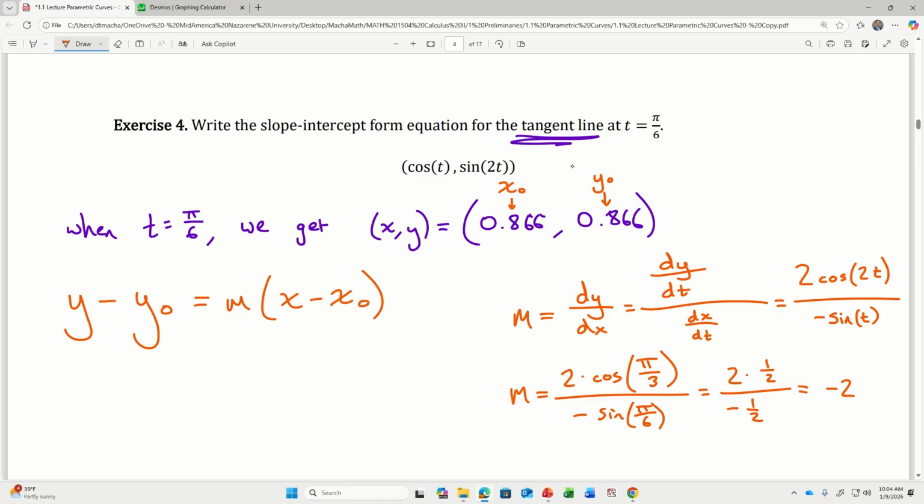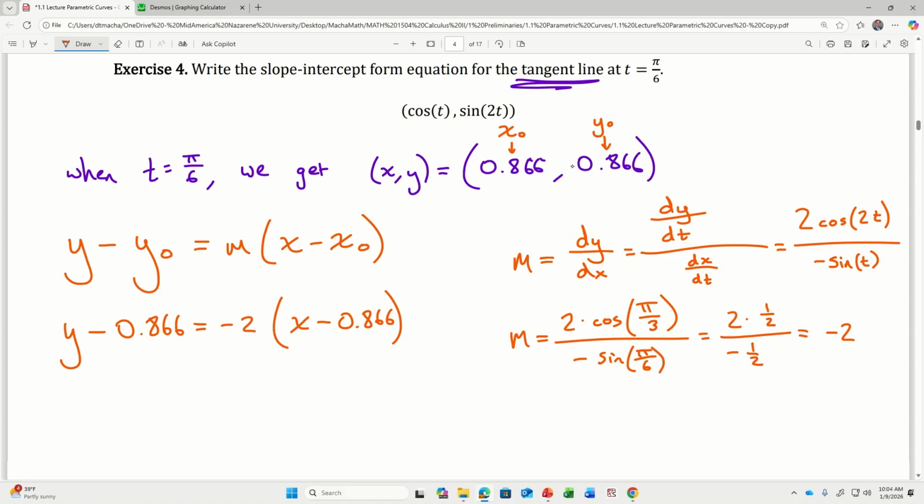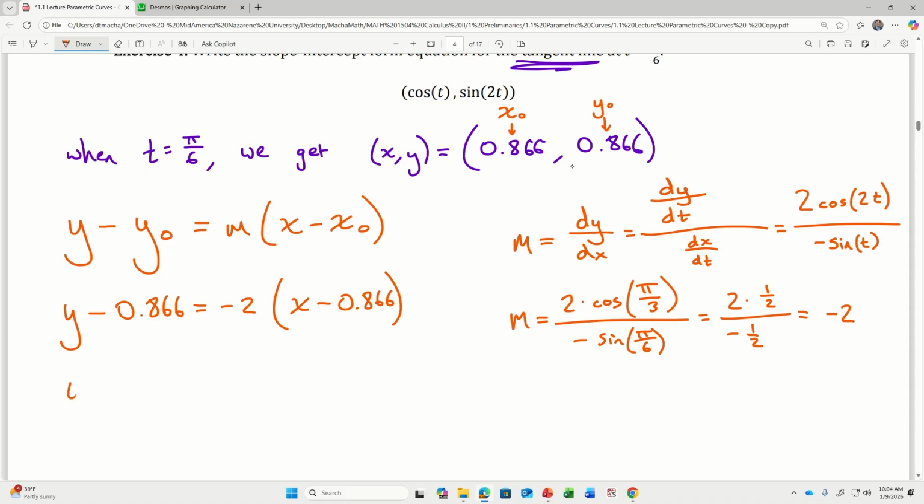So whenever I use my point slope form of a line, I'm going to have y minus 0.866 equals negative 2 times x minus 0.866. And then I want this in slope-intercept form, which just means I have to distribute the negative 2, and I end up getting negative 2x.